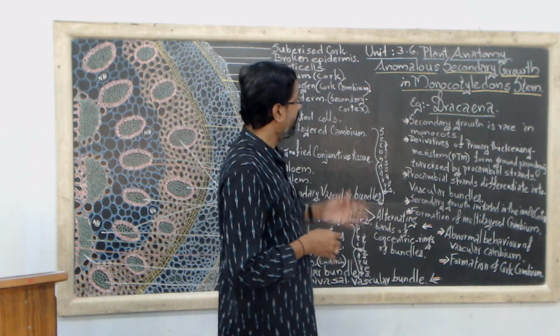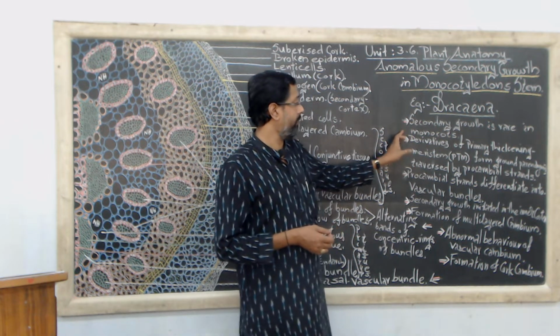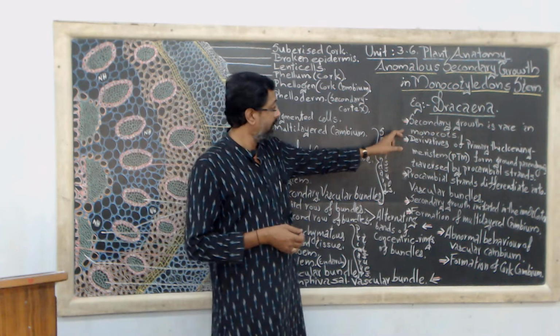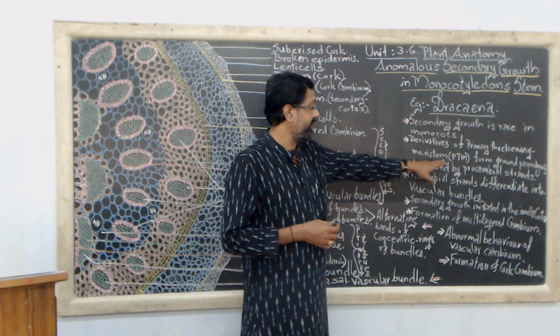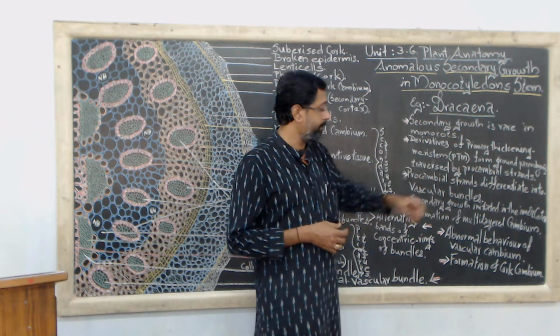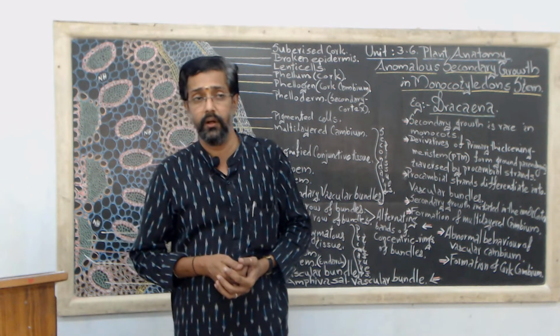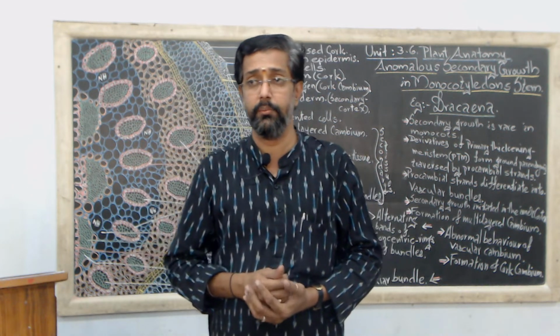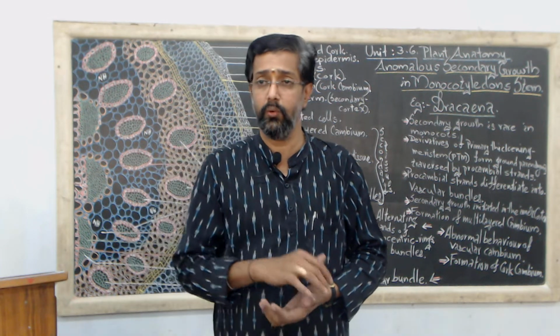And coming to the anomalous secondary growth, what happened? The secondary growth is rare in monocots, and it arises from derivatives of the primary thickening meristem (PTM) from ground parenchyma traversed by procambial strands. The early formed vascular bundles, which are closed and collateral, are dispersed in the ground tissue.